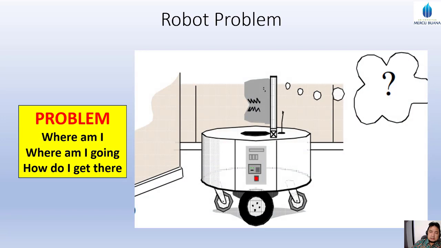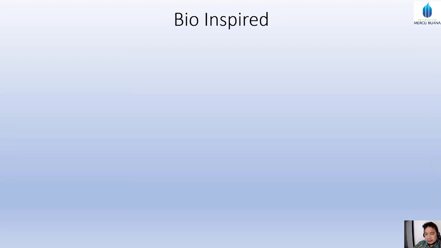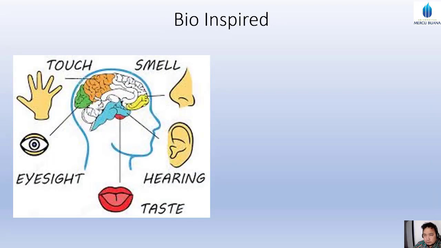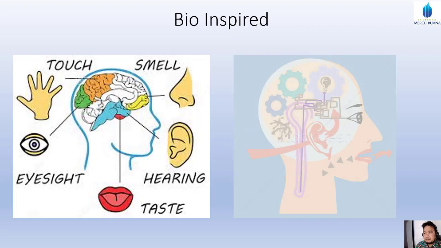For the mobile robot, there is a problem: how does the robot know where am I going, or how do I get there? Because the robot is only a physical system. These problems we can usually solve using bio-inspiration.